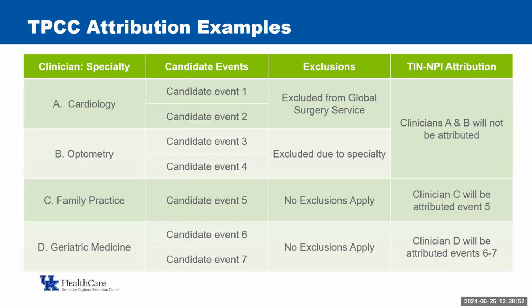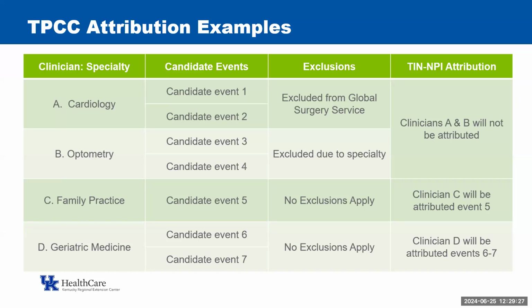So we're going to look at an example here of how attribution applies. So in this example, we're looking at the clinician billing evaluation and management services with a primary care service. And with this beneficiary, we can see that we have providers from cardiology, optometry, family practice, and geriatric medicine. Each of those clinicians had at least one qualifying event within the risk window.